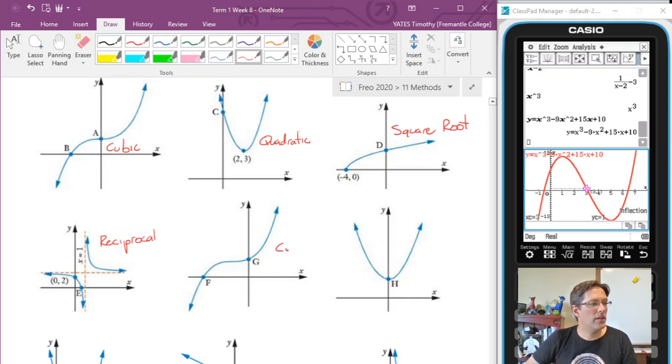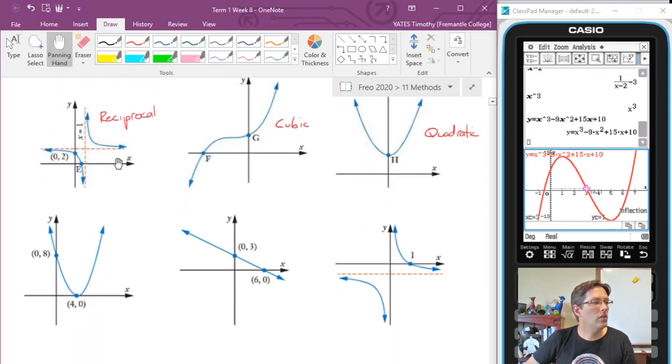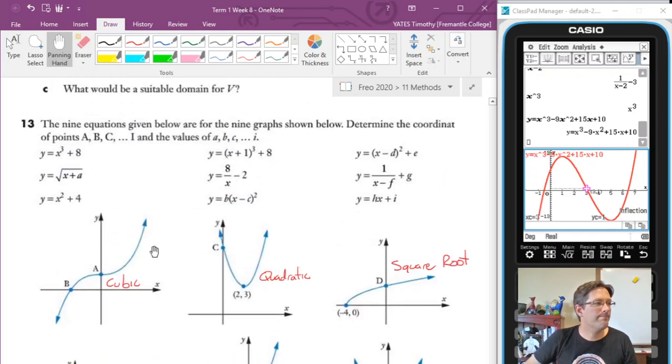We've got another cubic, another quadratic, a quadratic. Here we've got a straight line, so I'm just going to say it's linear. And then we've got another reciprocal. There we go. So this should help us narrow down exactly what we're looking at.